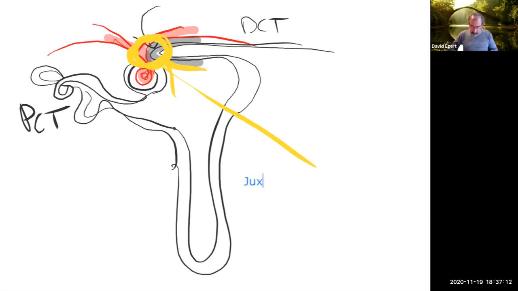So juxta means near, glomerular meaning, so near the glomerulus apparatus. So these are specialized cells within the arteriole and the tubule.